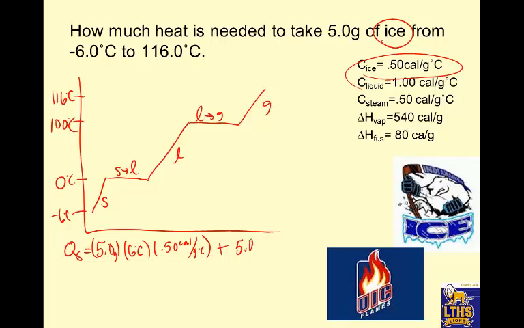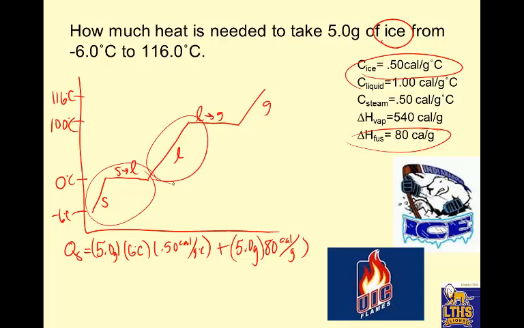So we need the mass of the substance times the heat of the phase change, calories per gram. But we're not done, because that just takes care of the heat for those 2 sections. We need the heat for that section, Q total. This is the Q for just the solid. This is the Q for the solid turning to the liquid.